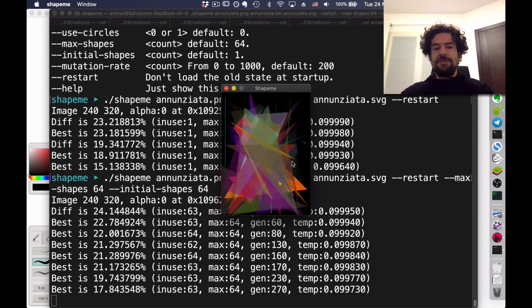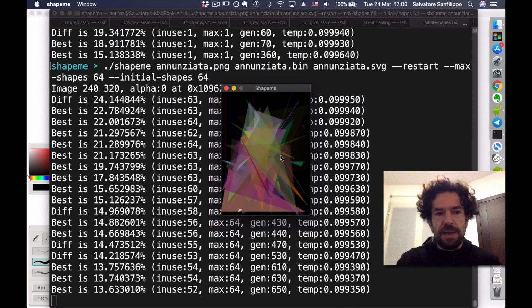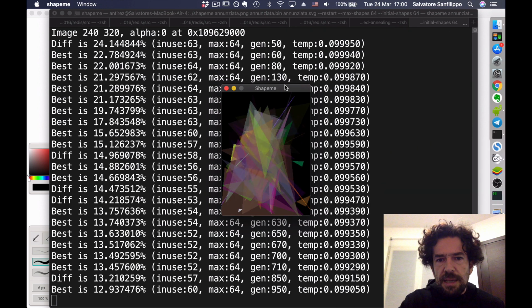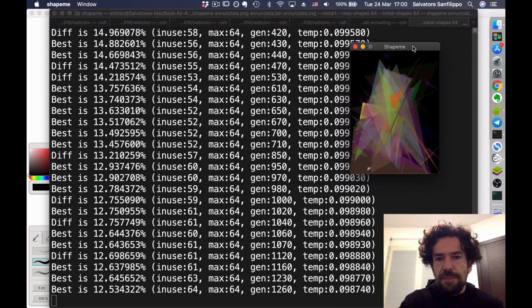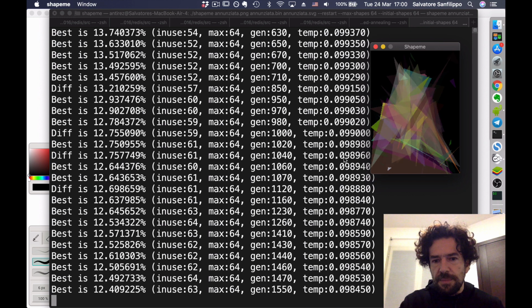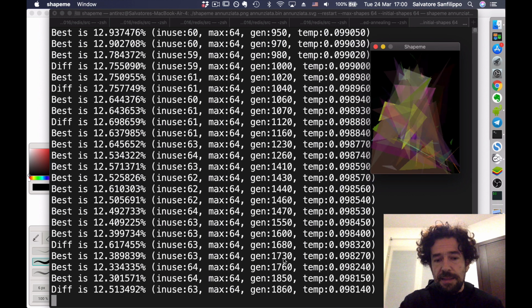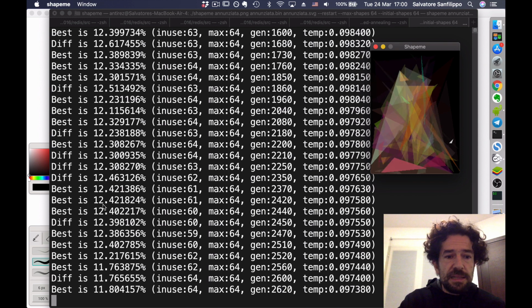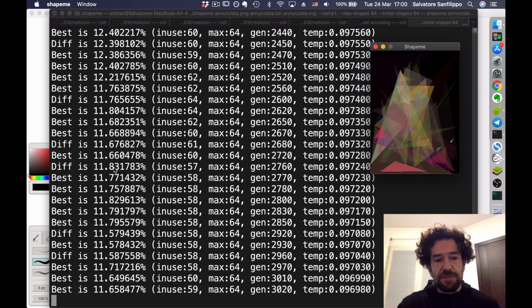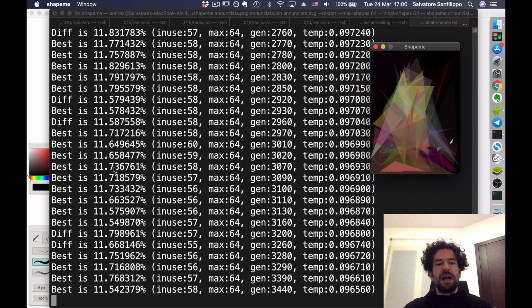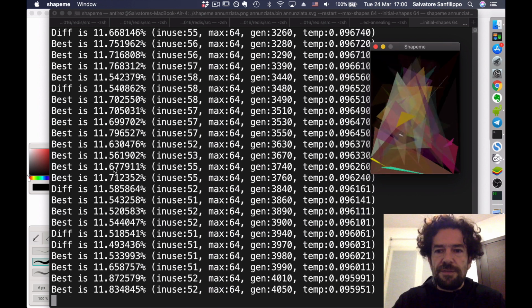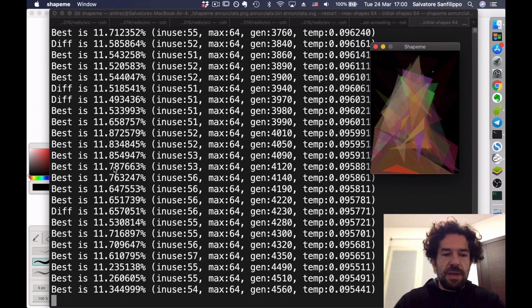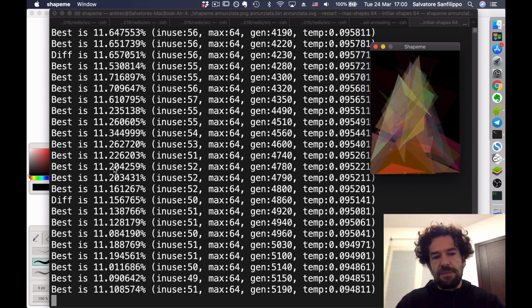Okay, the first solution is completely random. And you can see here the temperature decreasing, and this is the generation number, and this is the difference, this is the error, our loss function. The loss function is defined as the difference between the image and the current solution that I have.